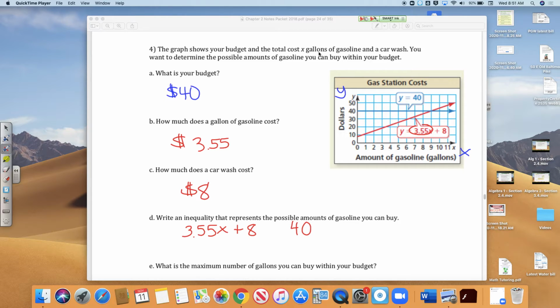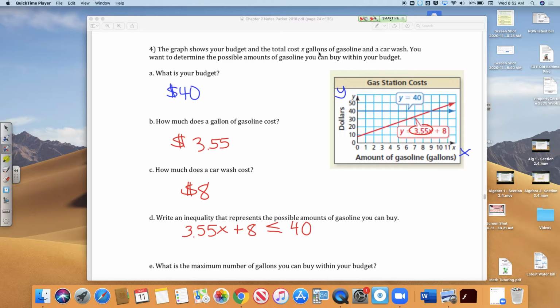Now, we can spend exactly 40. So if this was an equation in Chapter 2, I would have 3.55x plus 8 equals 40. But because this is the inequality chapter, technically you don't have to get exactly 40. You can also get less than it. So it would be less than or equal to $40.